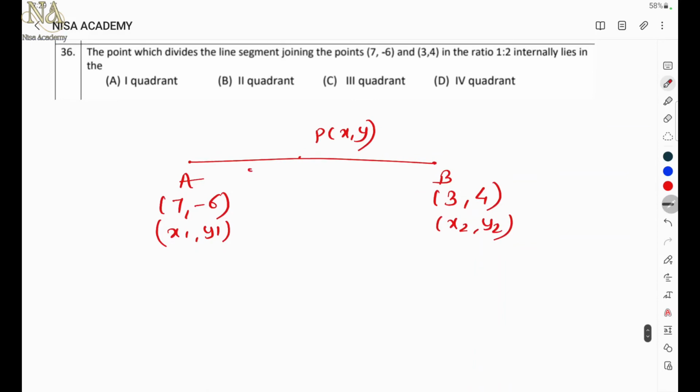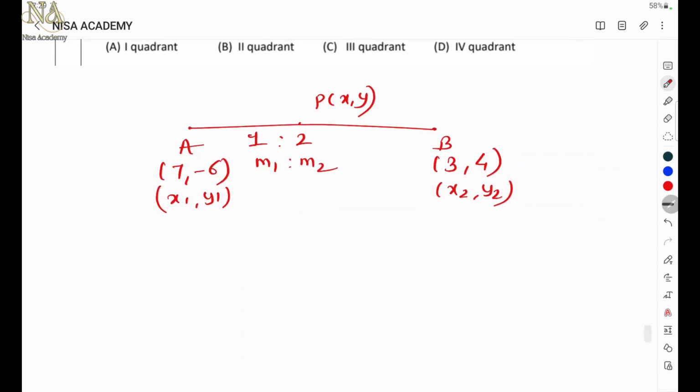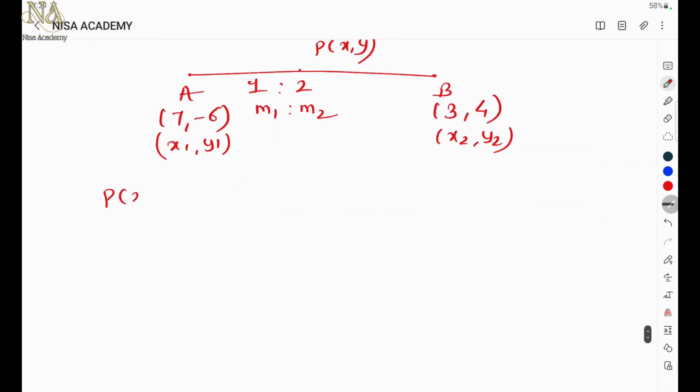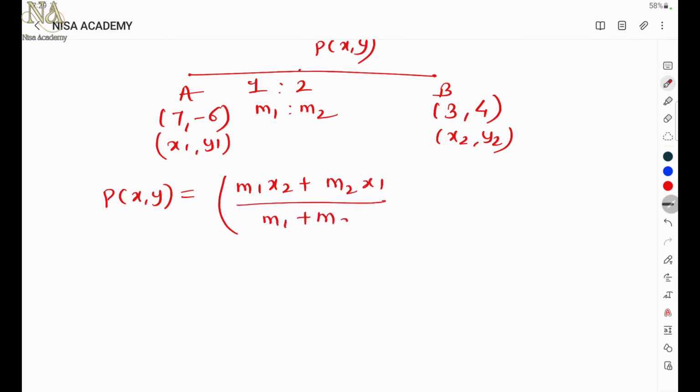And it divides in what ratio? 1:2. So m1 is to m2 is 1:2. So yes, the section formula: (m1x2 + m2x1) upon (m1 + m2), then (m1y2 + m2y1) upon (m1 + m2).